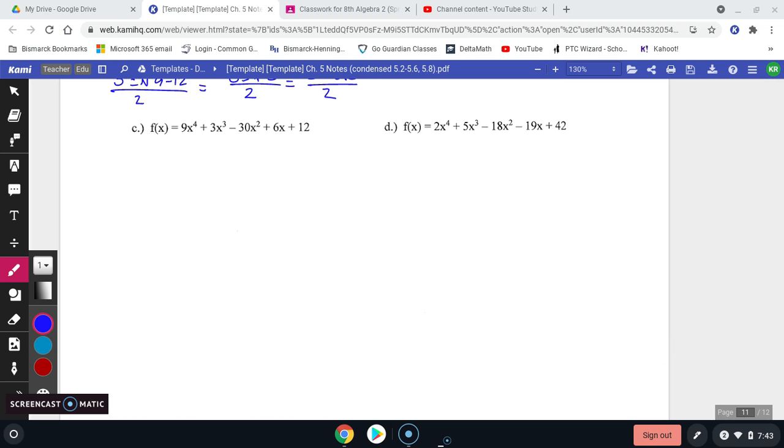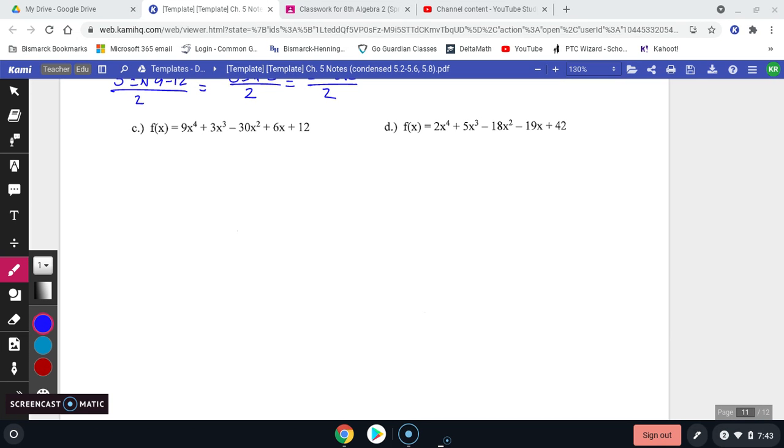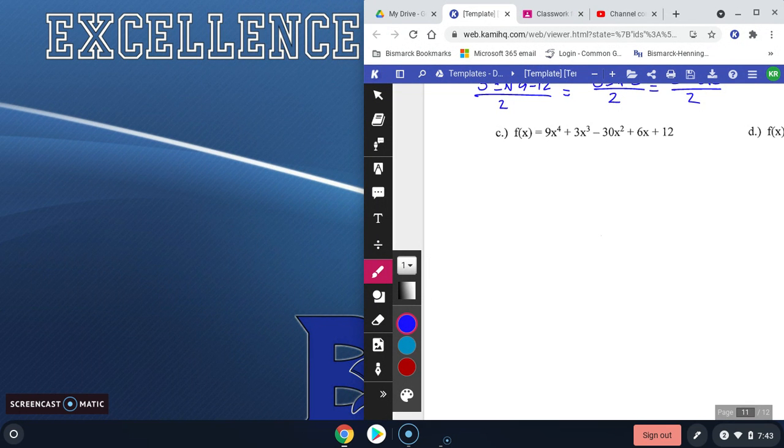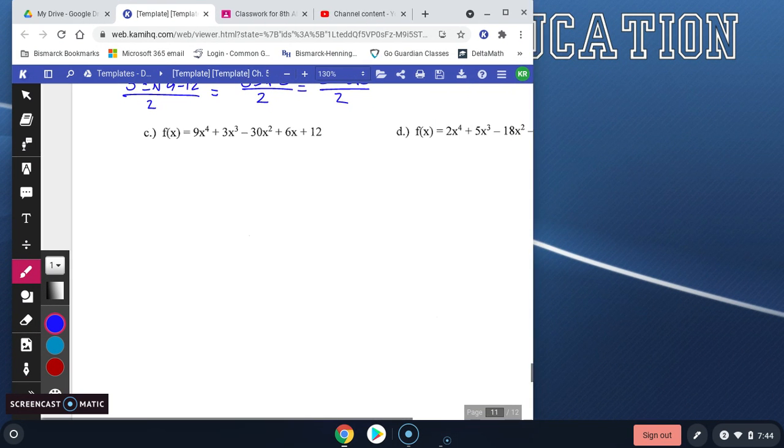Okay, so we have these next two examples to look at in dealing with solving and finding zeros. Now, it's not really a trick, but you have a graphing calculator at your disposal.